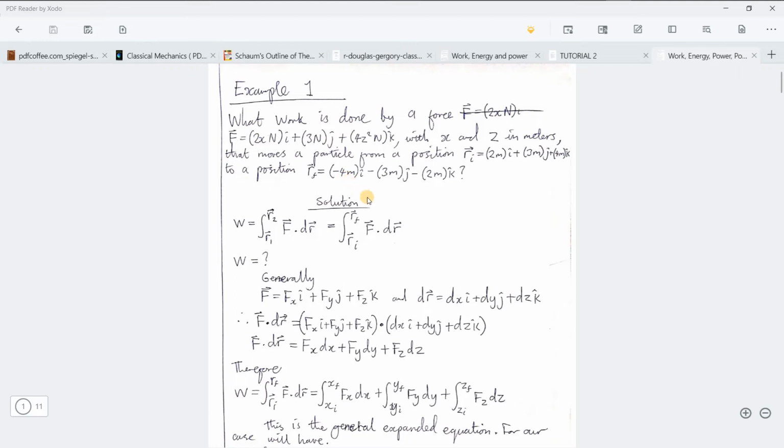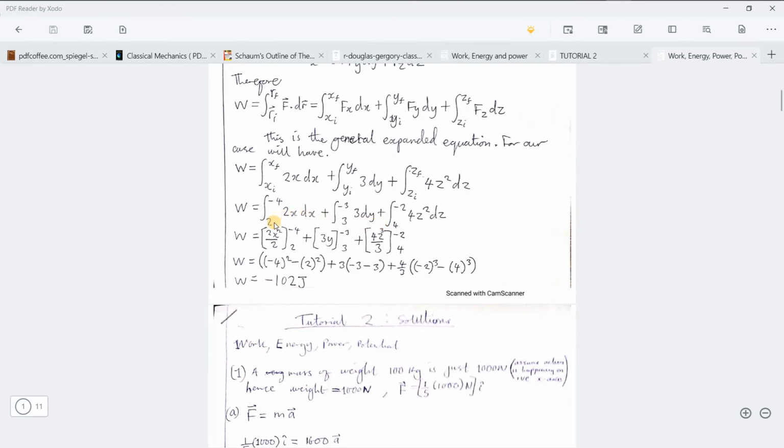So our first part will have xi being 2. As you can see here, our xi will be 2, and our x final will be -4.